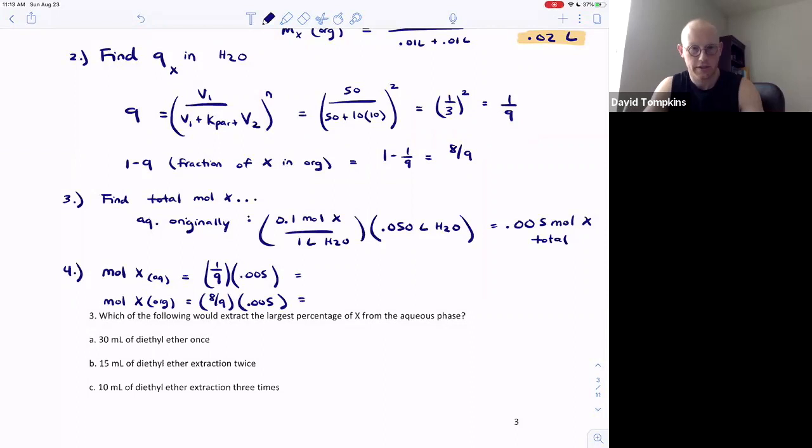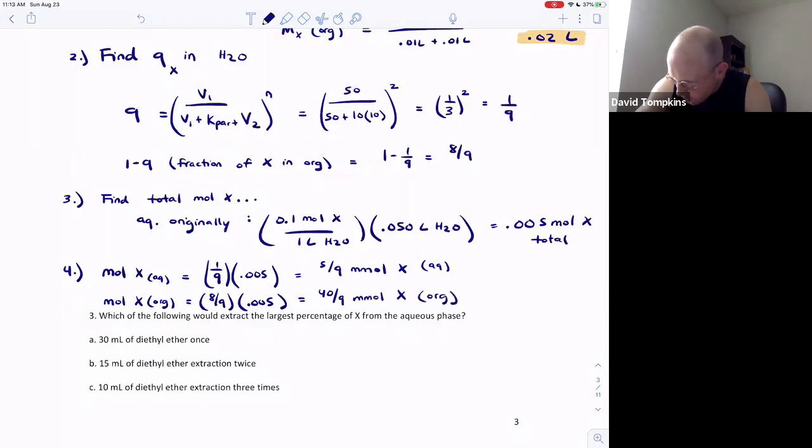So if you calculate those values, you're going to get essentially 5/9 millimole of X in the aqueous and 40/9 millimoles of X in the organic.